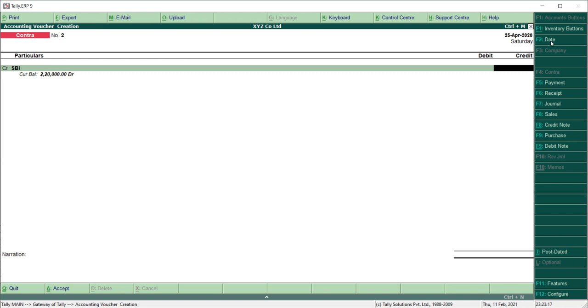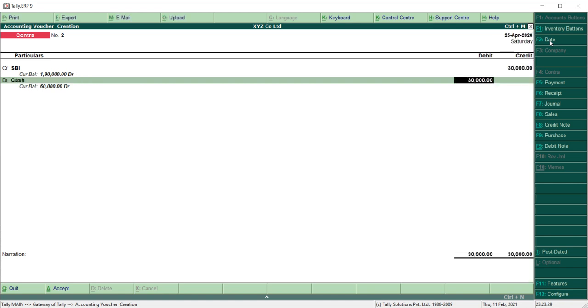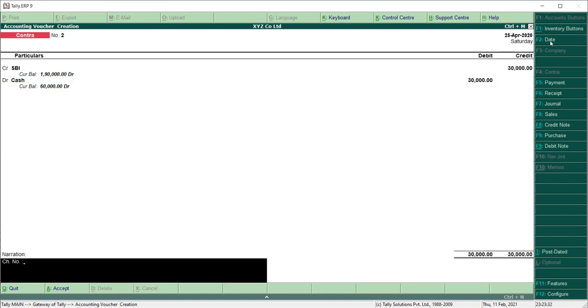Here we are withdrawing cash, so the SBI will be credited for rupees 30,000, and it's cash coming in. The check number is 201245. We have to give a check to the SBI for withdrawing the cash for record purpose.